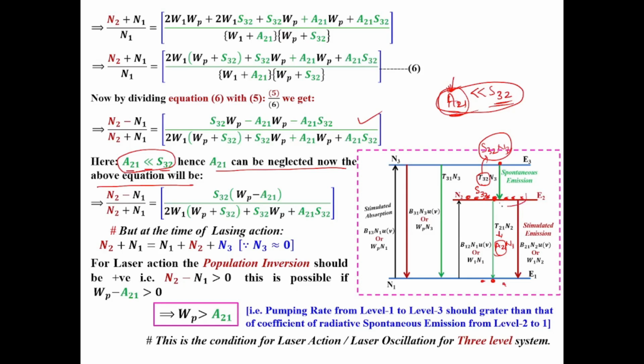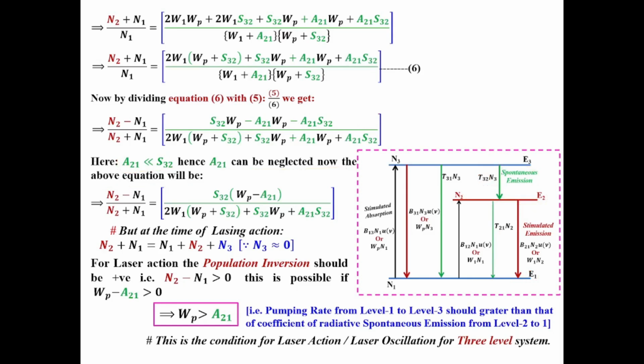So if there are no atoms available in E2, then how can we get the population inversion? So to achieve the population inversion, it is considered that A21, the natural or spontaneous transition from E2 to E1, is negligible as compared with the spontaneous transition from E3 to E2.